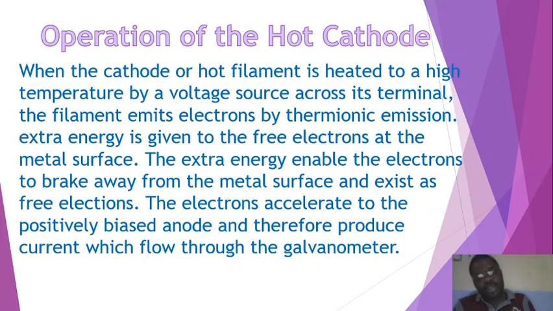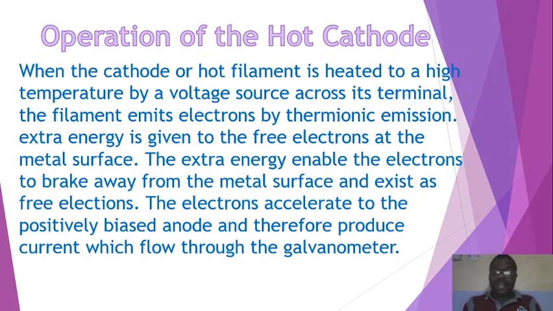Remember, we say thermionic emission is the emission of electrons from the surface of metal when heat is applied to it. Okay? Now, extra energy is given to the free electrons at the metal surface. What is responsible for the extra energy? The high temperature. The free electrons will gain a greater kinetic energy as a result of the heat they receive from the filament.